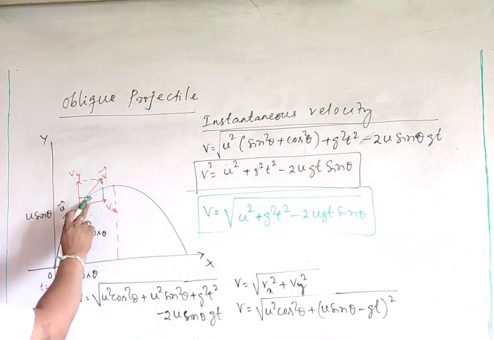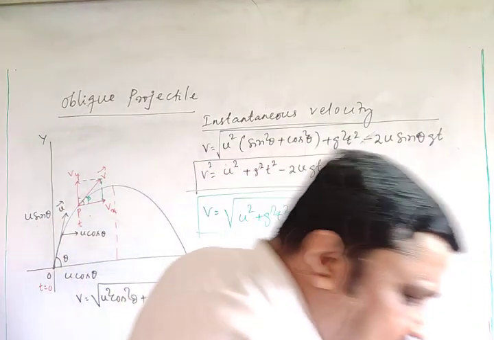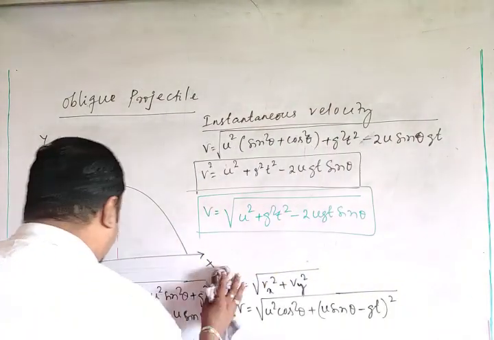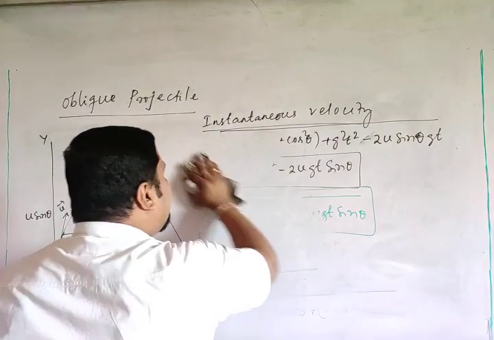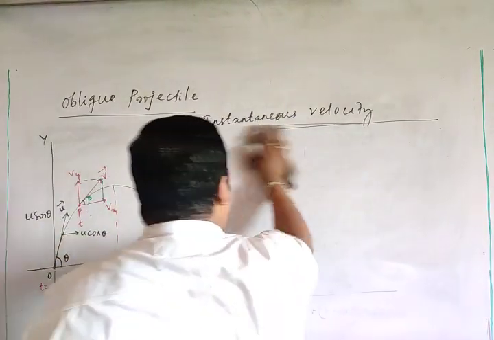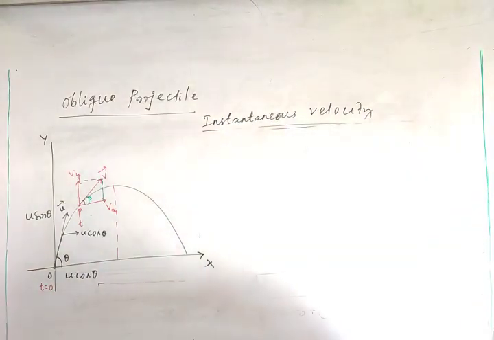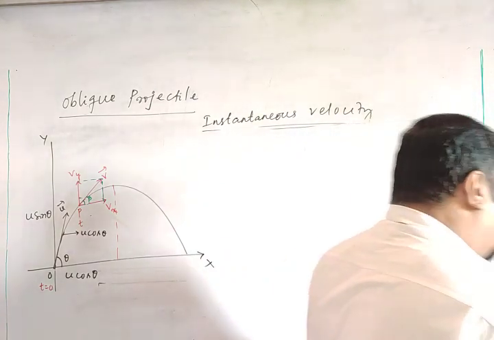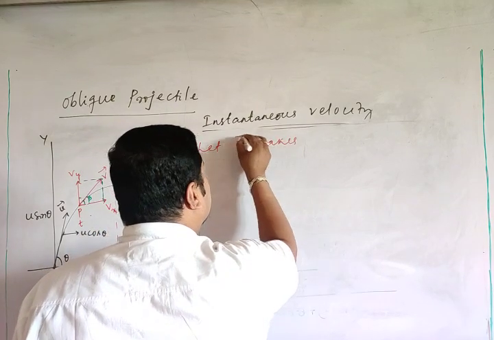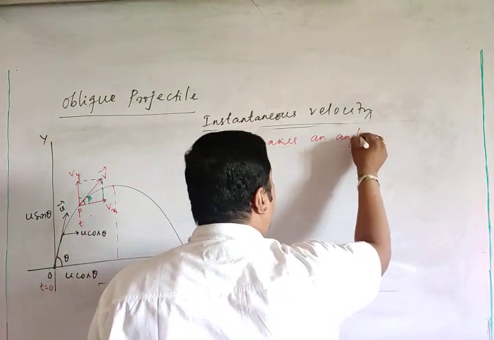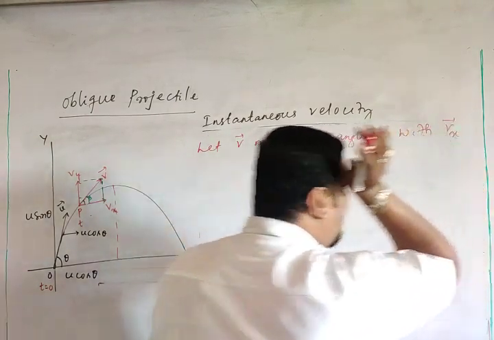Then to get the direction, let it make an angle, how much? Beta with x, vx. So we got this v, let v make an angle beta with vx, the x component.